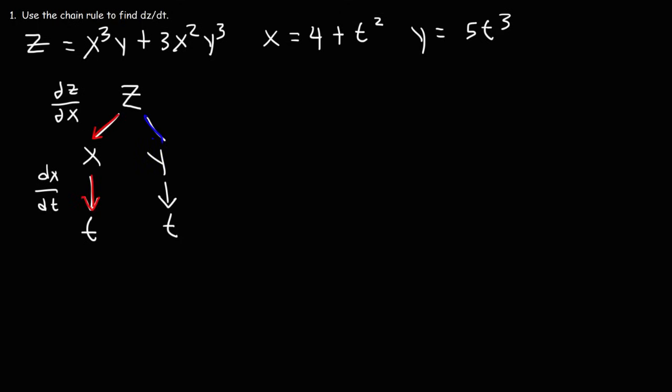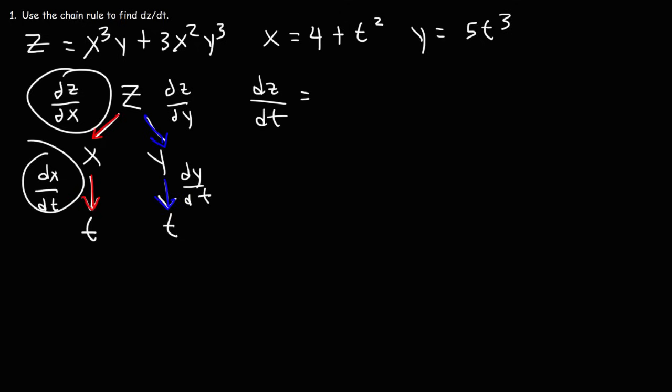Now we need to take this branch to get to t. So we need to find the partial derivative of z with respect to y, and then dy/dt. So now we can write the formula. dz/dt is going to be the product of these two values.